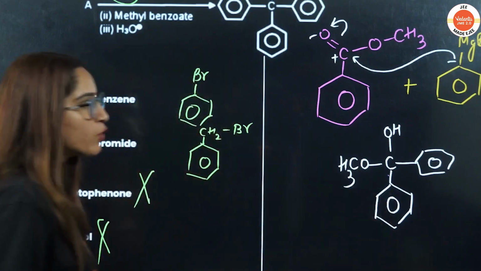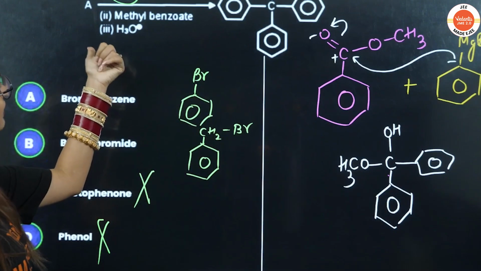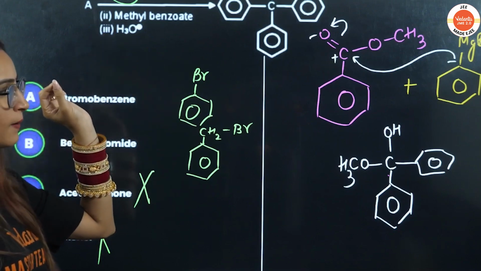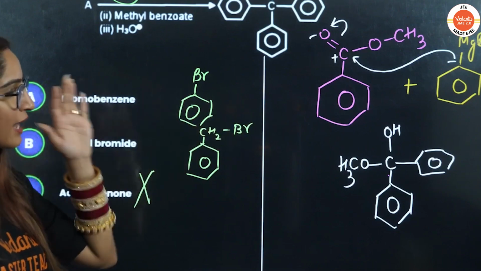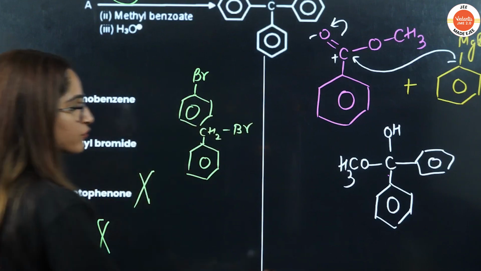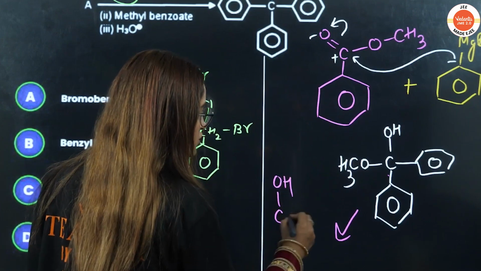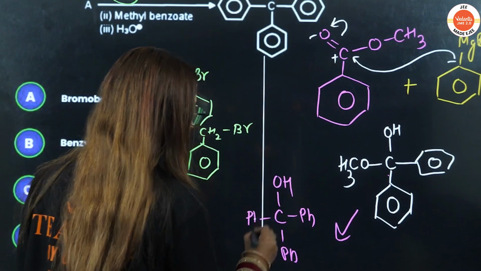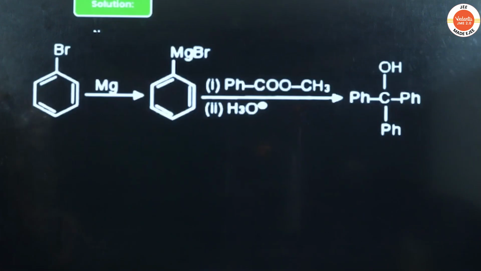When you have a situation like this, right? Then again, one more molecule of this attacks here, then you can have the formation of this: here this is OH, this is Ph, this is Ph, and this is Ph. So the only reactant that I can see here is bromobenzene, right?